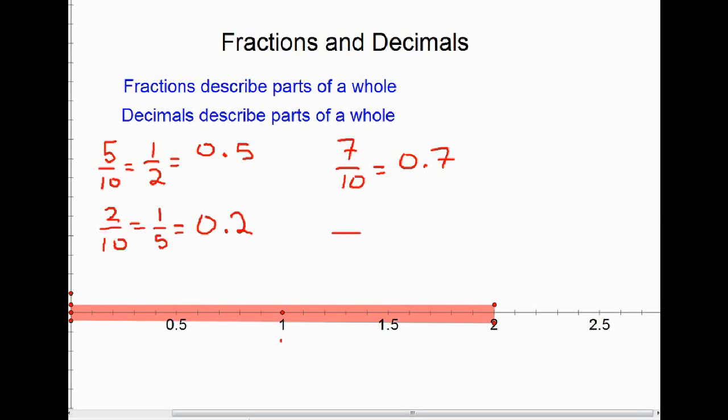And for this picture, each whole, up to 1 here, is broken into 10 pieces. You can see there are 10 sections there. 5 of them are up to here, 10 of them are up to here, and so on. So each one whole is broken into 10 pieces. Well, if each whole is broken into 10 pieces, 20 of them go up to this point.